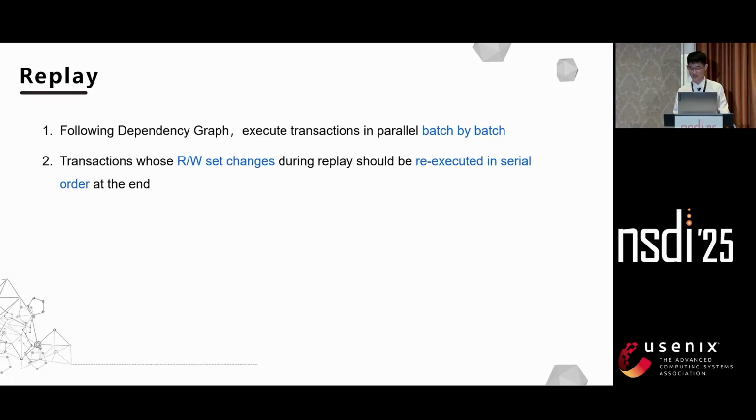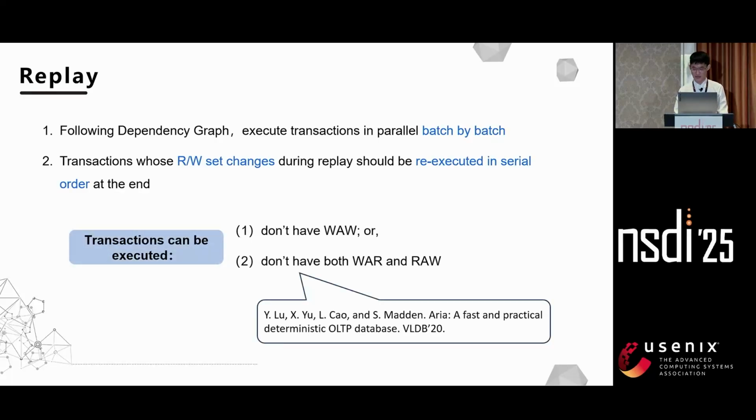We define that transactions can be executed based on two rules. They don't have WAW dependencies with previous transactions, or they don't have both WAR and RAW dependencies. Such rules are designed to improve the parallelism of execution.